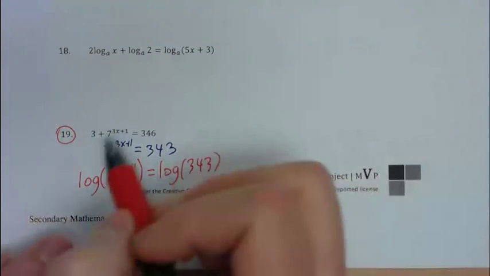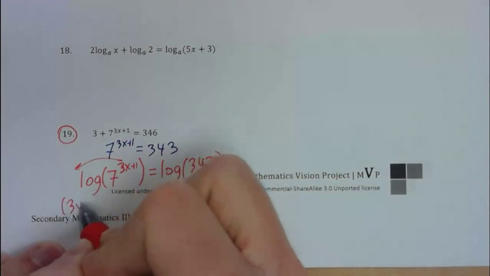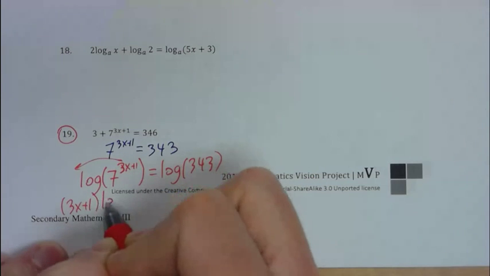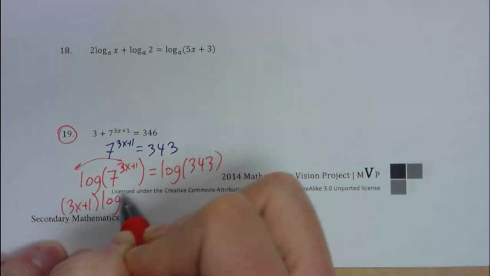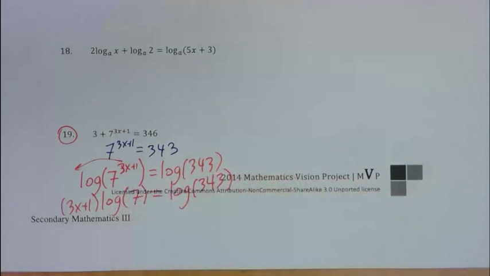So this power, for a power rule, moves to the front. So I have now 3x plus 1, and then log of 7, and then log of 343. Hopefully that's not too hard to see. What that says is 3x plus 1 log of 7 equals log of 343.